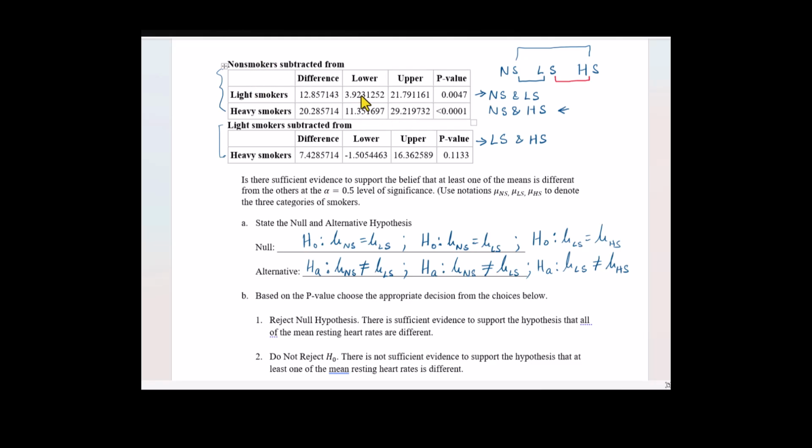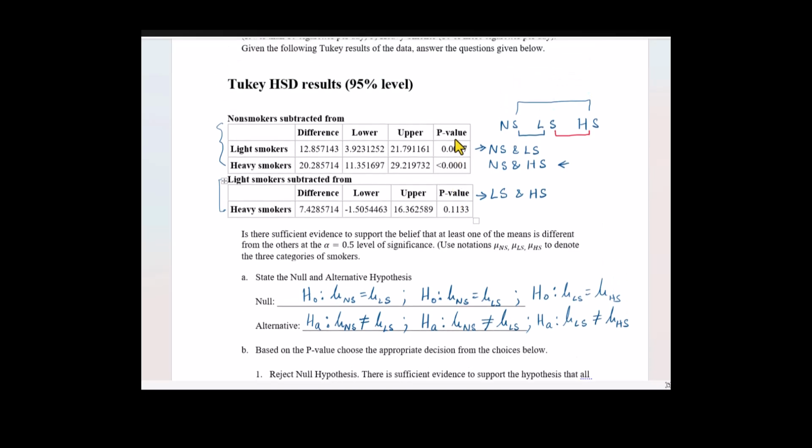The lower end of the confidence interval has a positive value, and the upper end also has a positive value. So this is a confidence interval at the 95% level as given here, and for the confidence interval between light smokers and non-smokers, so LS minus NS has a lower end of 3.9 heart rate, and the upper end was 21.79.